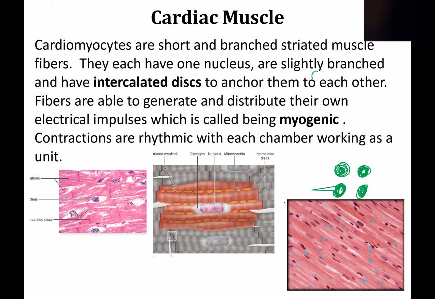Myogenic. Unlike skeletal muscle tissues, where you absolutely have to have nerves attached to cause them to contract and to relax, you don't have to have nerves attached for the cardiac muscle. This is also an attribute of visceral or smooth muscle tissue.